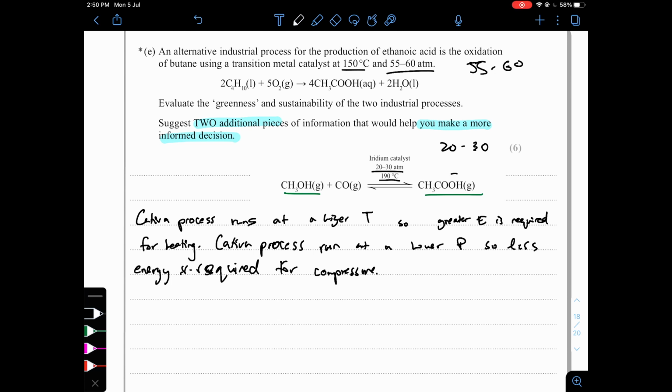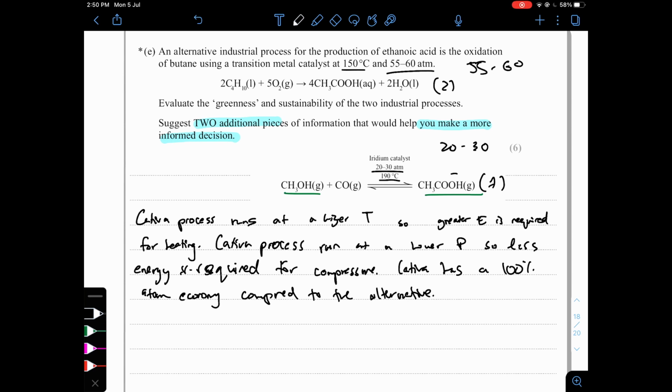What else can we compare? Let's look at the products. You can see here this only has one product. This has two products. So you can say the Cadiva has 100% atom economy, because we only have one product, compared to the alternative.